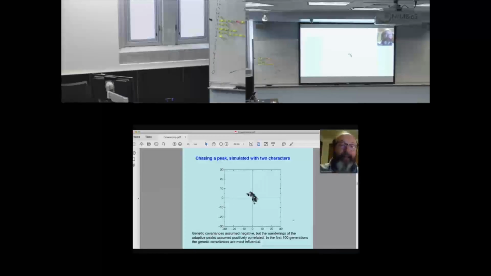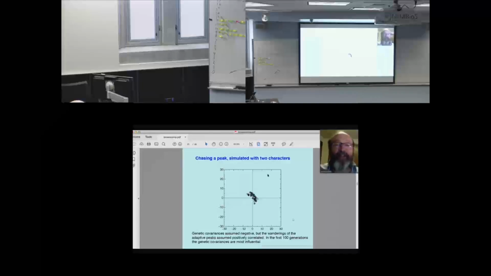But now let me also assume that during that process, the peak is starting to move. So the peak has actually been moving. And I'm going to assume that the covariation of the means of the optima is positive, not negative.